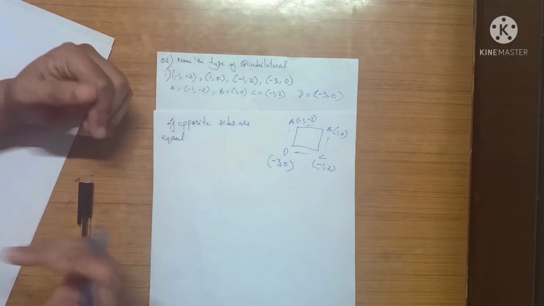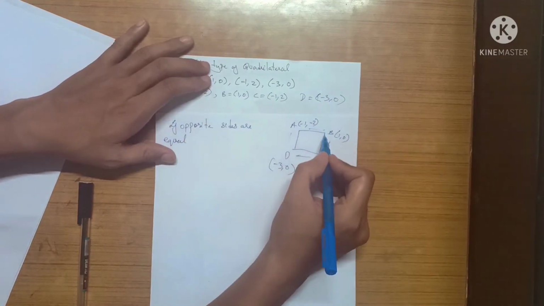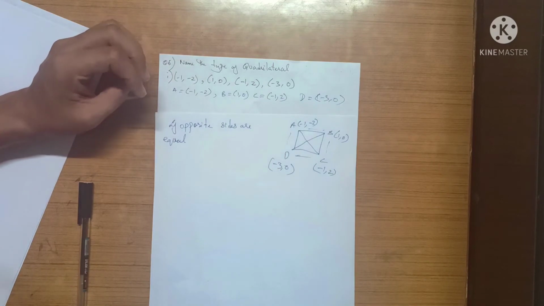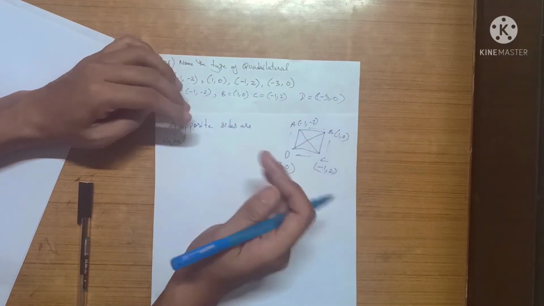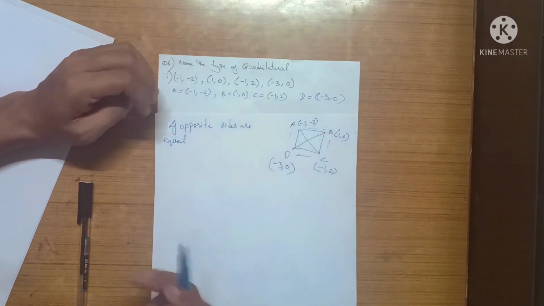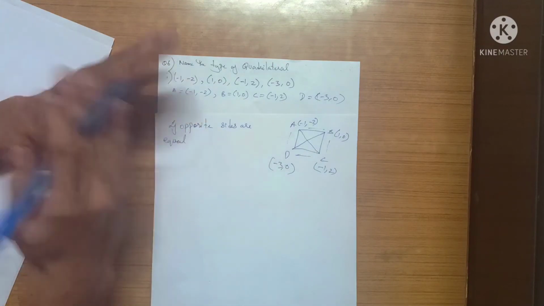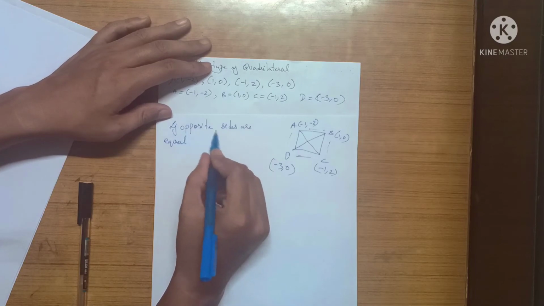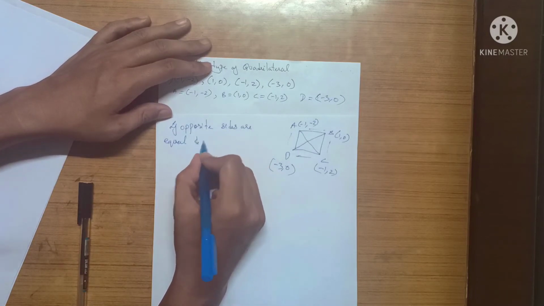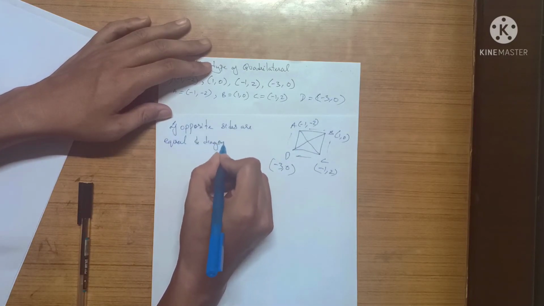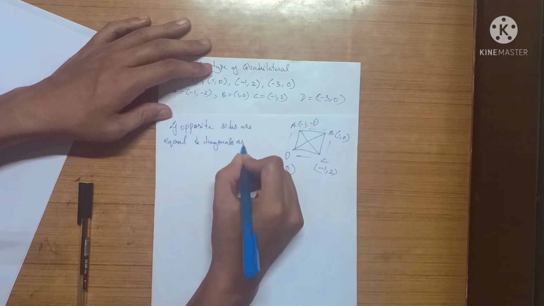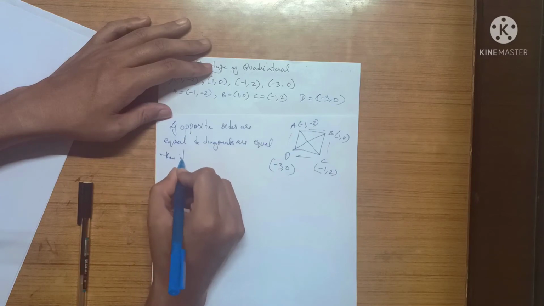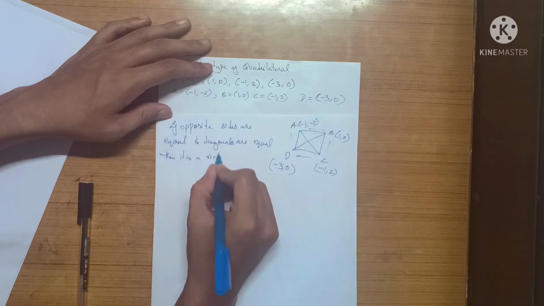So how do you know which one is rectangle, which one is parallelogram? You have to find the diagonals as well. Got it? It's not just about finding all four sides, you have to find the diagonals as well. If the diagonals are exactly the same, equal, then it is a rectangle. If opposite sides are equal and diagonals are equal, then it is a rectangle.